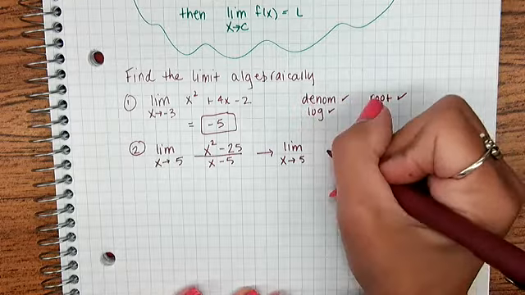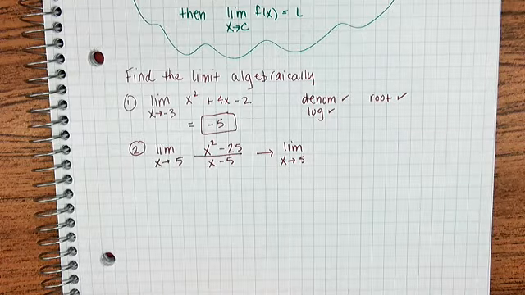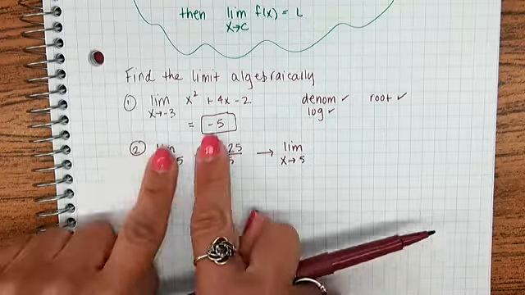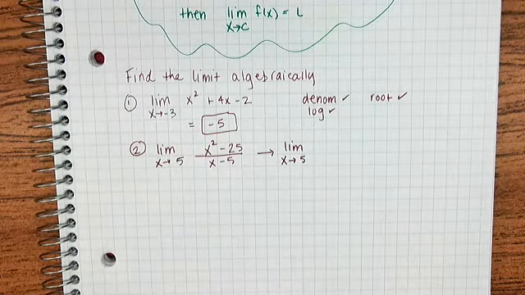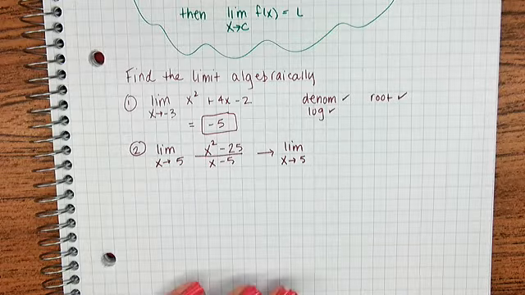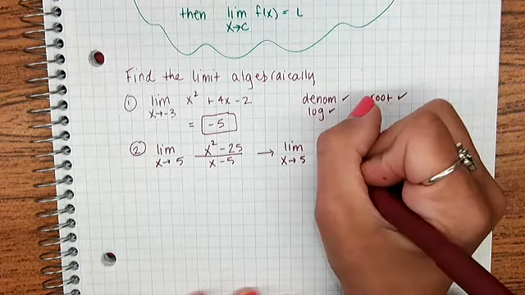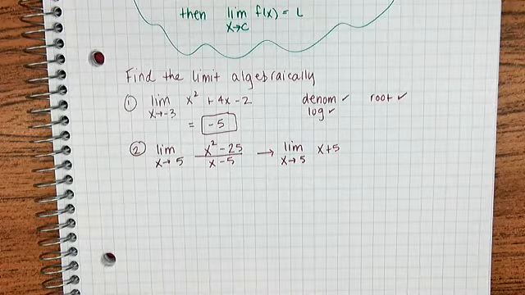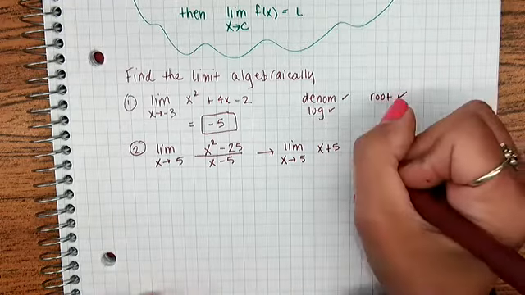Don't be lazy. You can skip the factoring and reducing step if you want, but you cannot go straight from here to give me the answer. You have to show that you have reduced. So this is going to be x plus 5. Difference of squares, factor, reduce. This is 10.